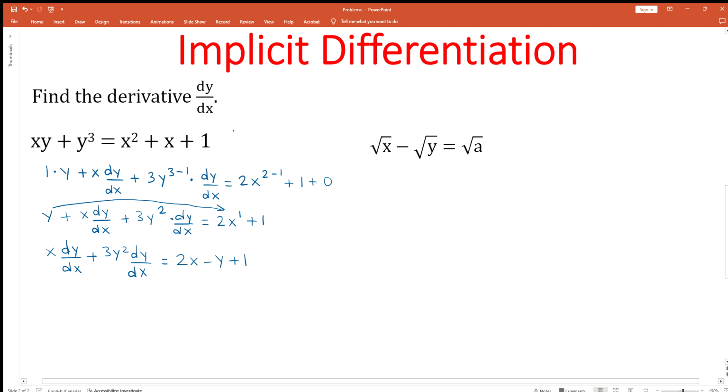Next, we should factor out dy over dx from the terms on the left side. Next, we should divide both sides by x plus 3y squared.